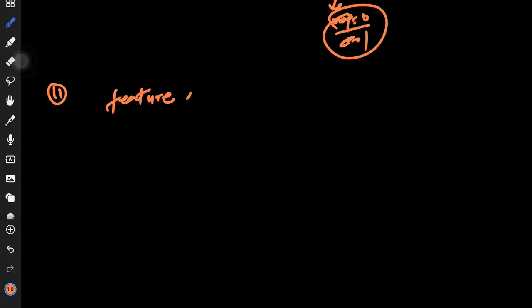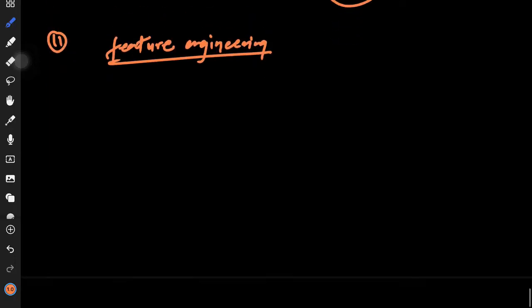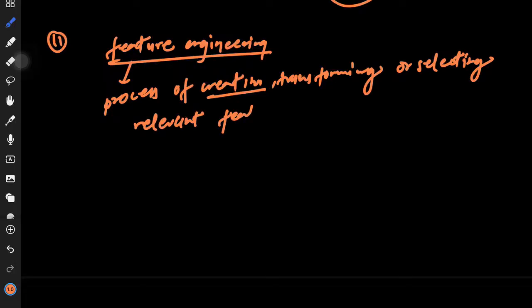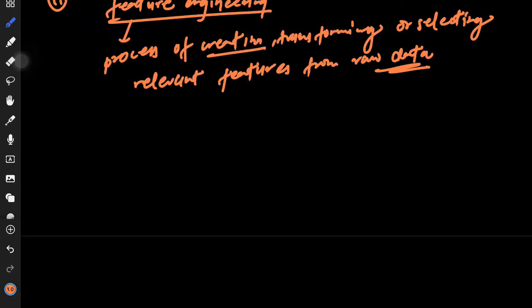The next question they can ask is, what is feature engineering? Feature engineering is the process of creating, transforming, or selecting relevant features from raw data to improve the performance.